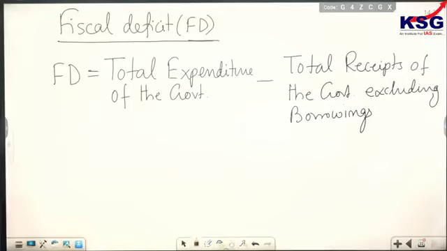Okay, fiscal deficit equal to total expenditure of the government minus total receipts of the government excluding borrowings.